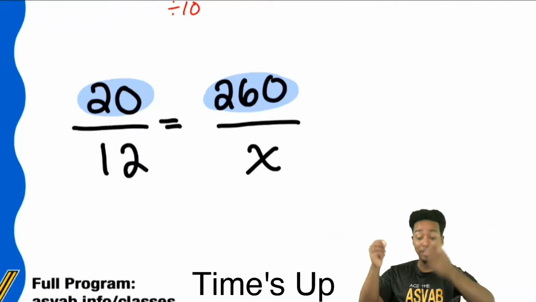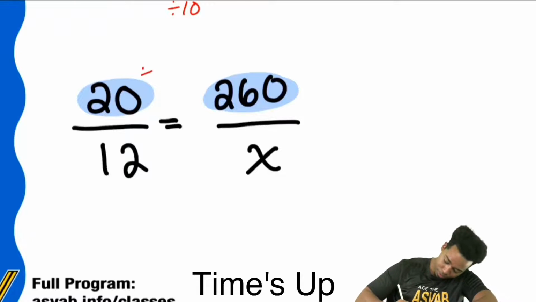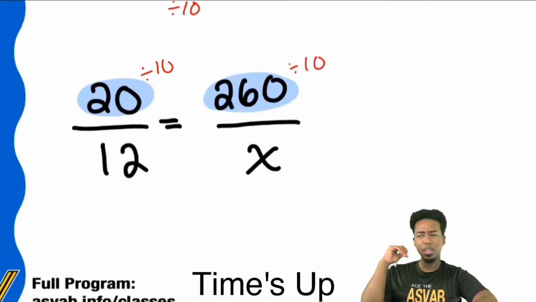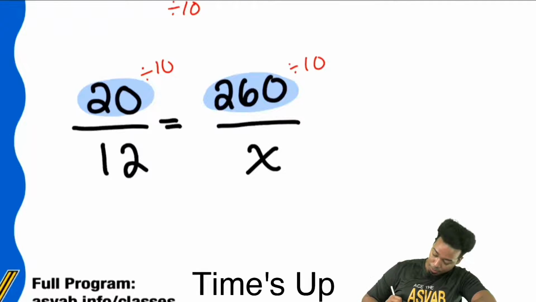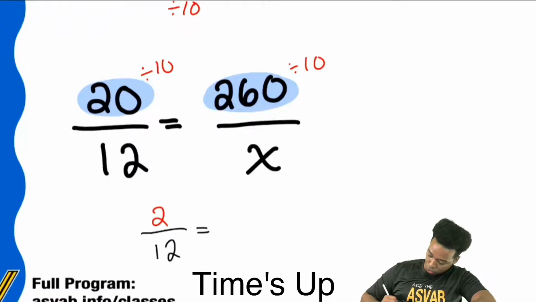So watch this. If I cut a 10 out of both of these, it doesn't have to be the greatest common factor. It could just be what you notice. If you can cut a 10 out, cut the 10 out. Because what this gives you now is what? 20 divided by 10, that's 2. And then 260 divided by 10, that's 26 over X.